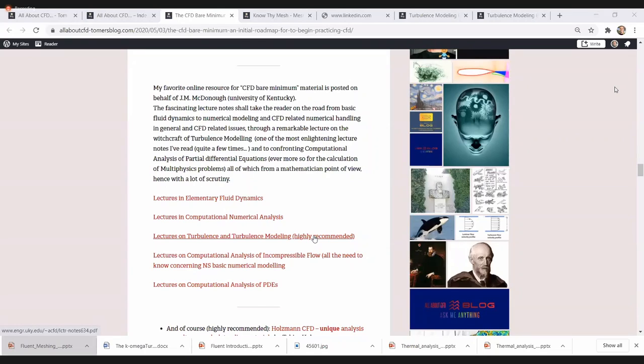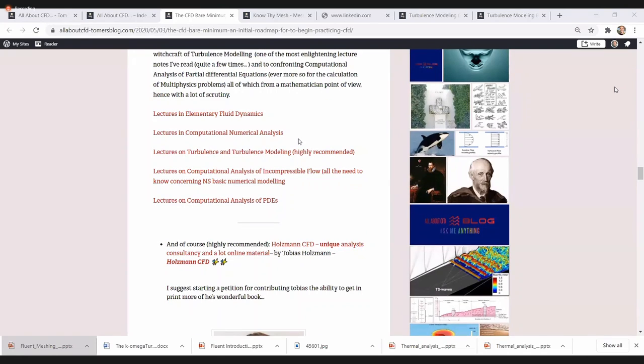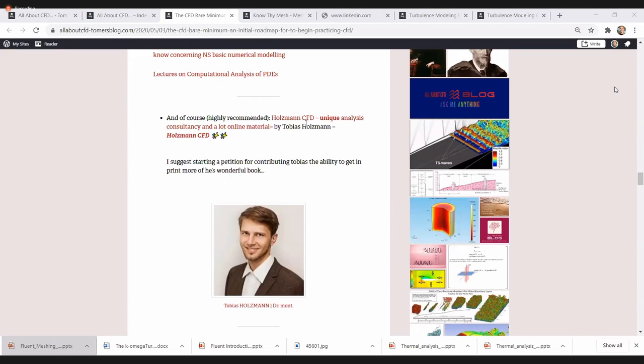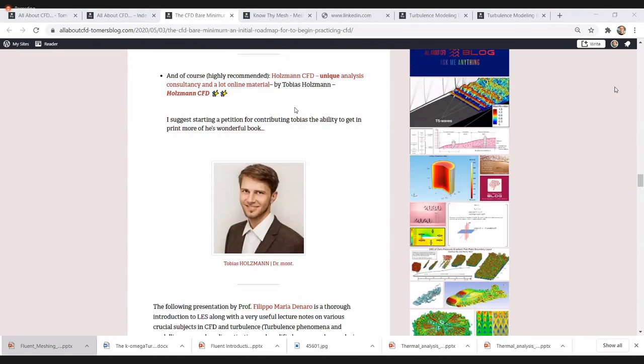He has a kind of mathematician's point of view, and it's really interesting to get a different perspective on all the pitfalls that a statistical approach to deterministic equations like Navier-Stokes puts in front of us.